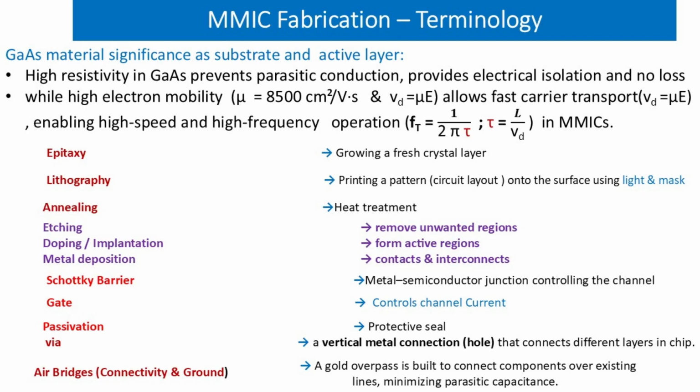Metal deposition creates contacts and interconnections, while annealing is a heat treatment step used to improve material and contact properties. A Schottky barrier is the metal semiconductor junction used for gate control in devices such as MESFETs, and passivation protects the surface. The slide also shows air bridges and vias, which provide microwave interconnections while helping to reduce unwanted parasitic effects.